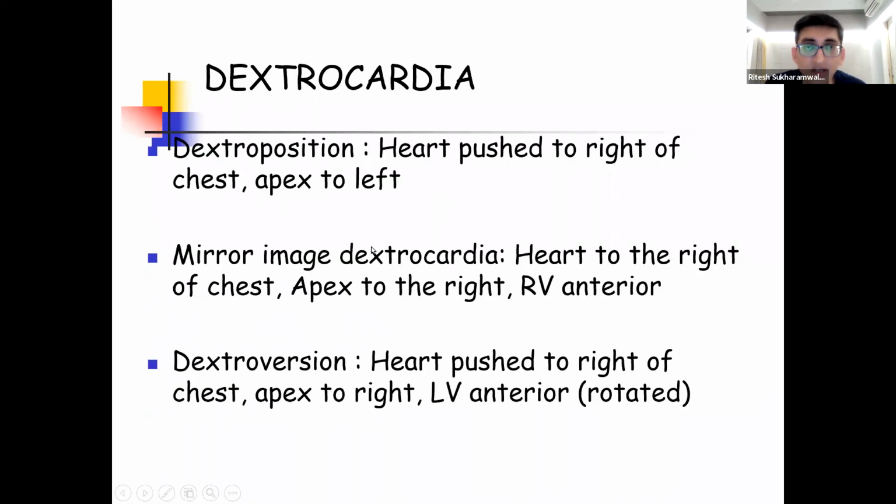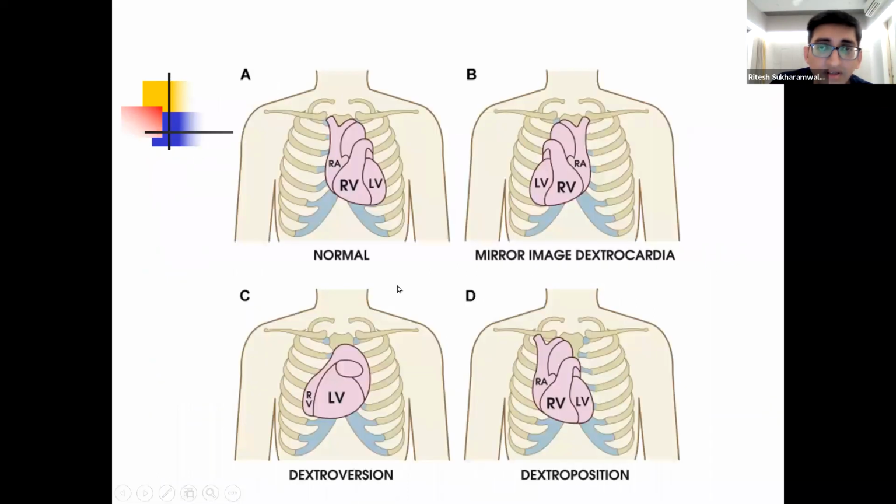So now coming to the last topic of today's evening session, that is dextrocardia. Dextrocardia is of three types. This image will help us understand. This is a normal levocardia heart where the apex is facing towards the left and the heart is also in the left hemithorax.